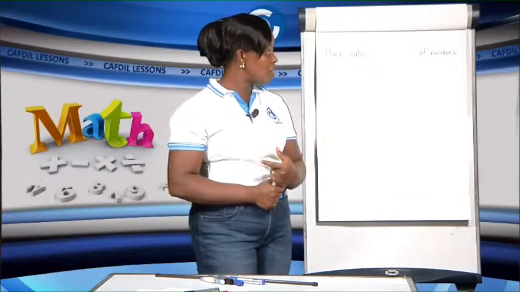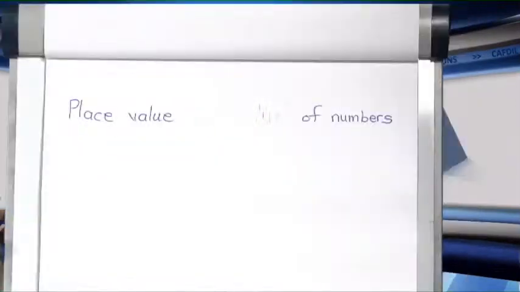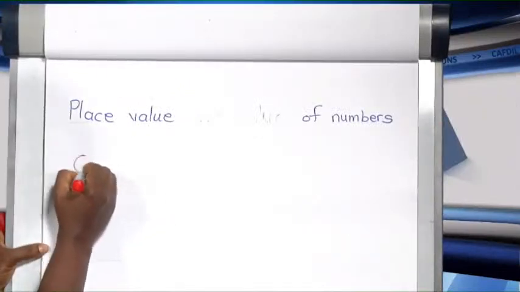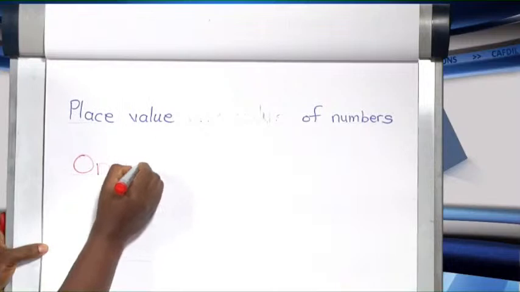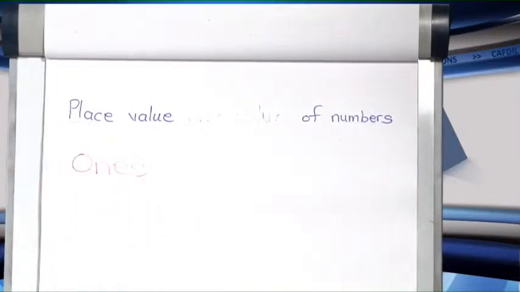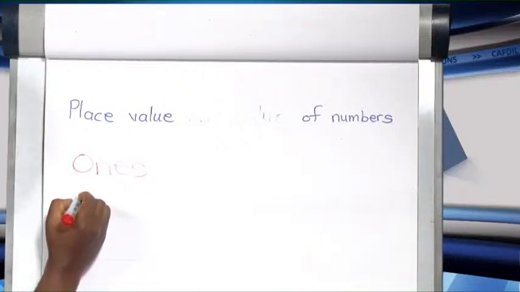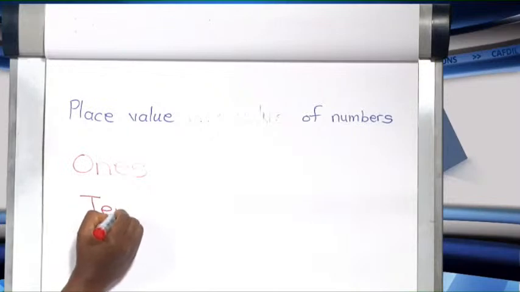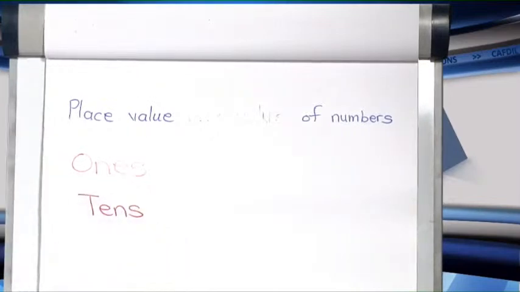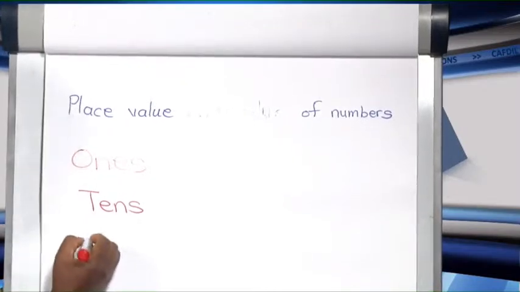Let's look at it. I'm going to represent it over here for you. So we have the ones. Counting from 1 up to 9, when you get to 10, it changes. So we move to the tens place. When we start counting in tens, we move to the hundreds place.